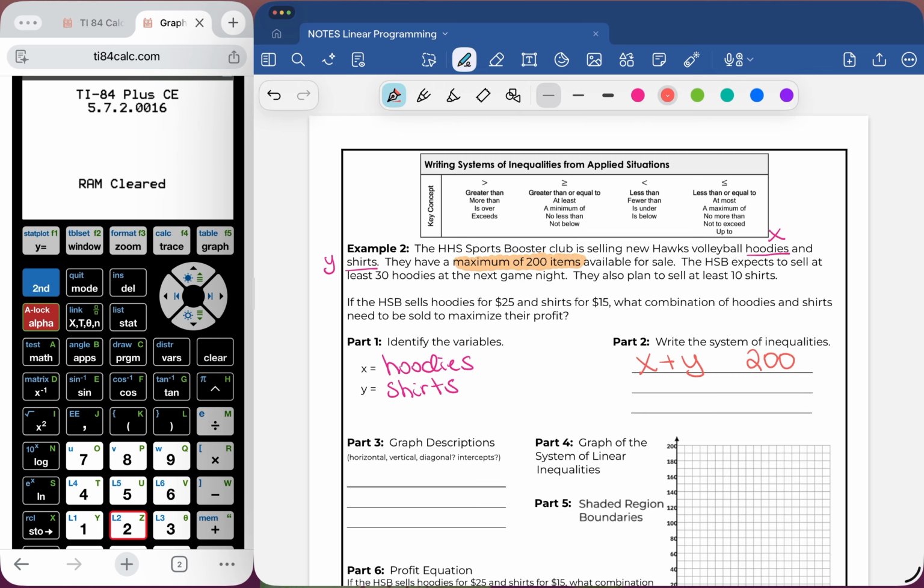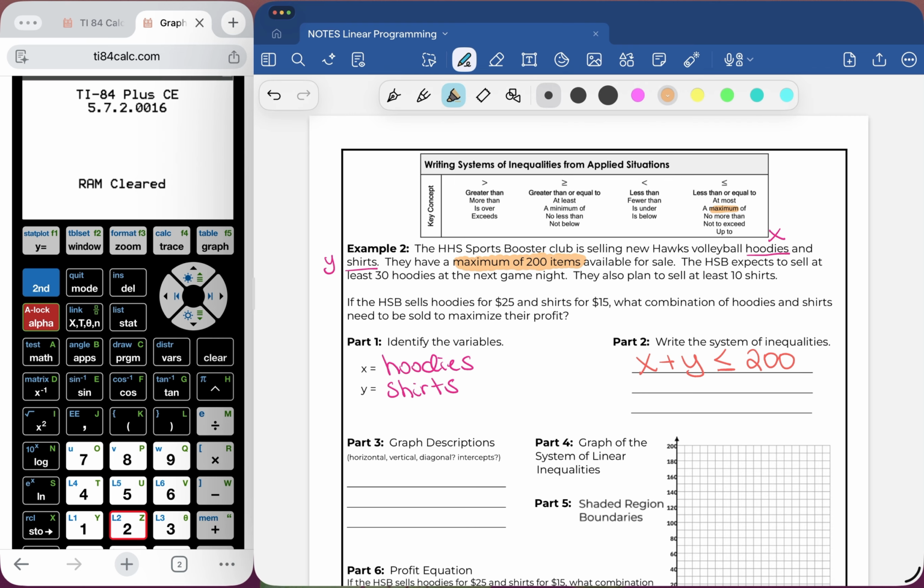So maximum means that's the most that we have. So we can't get any bigger. That means we're going to have to go smaller. That's a less than. Now, we do have 200 items, so that means we could sell all of those 200 items. So we are going to do an equal to. And then you can also see that maximum is listed here with that less than or equal to symbol.